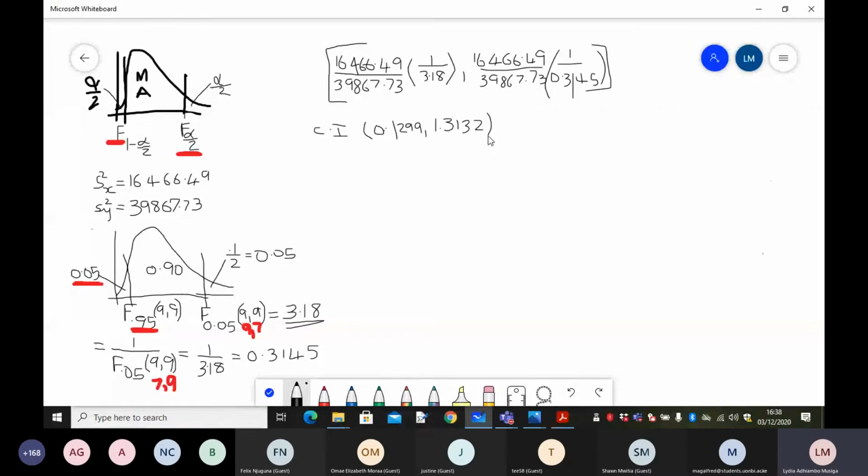Okay, so we continue. So we are through with the topic on confidence intervals. Now we want to go to the next topic, significance tests.